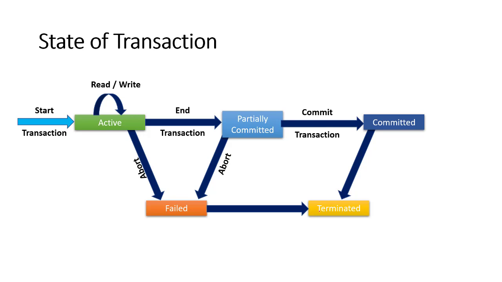So this is all about the basic idea of a transaction, the ACID property, and the states of the transaction. In the next lecture, we are going to discuss scheduling.